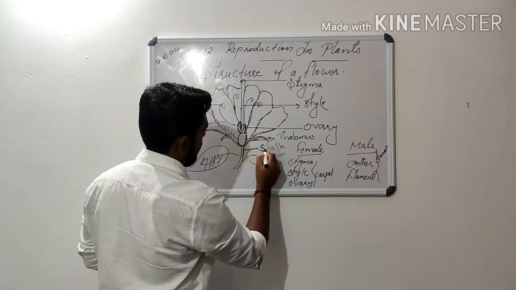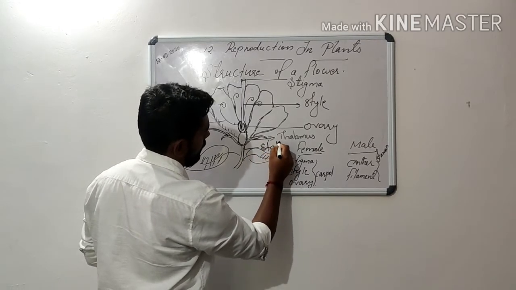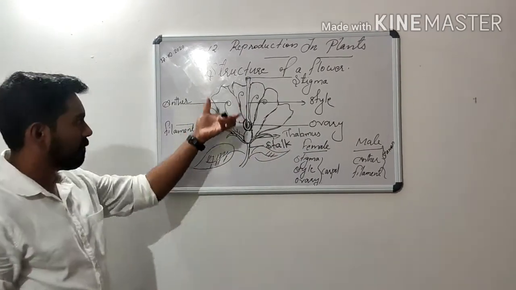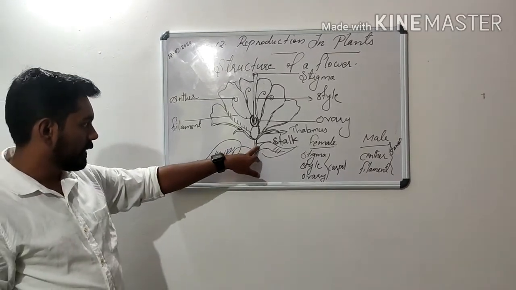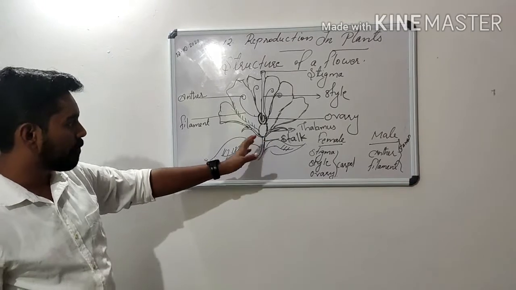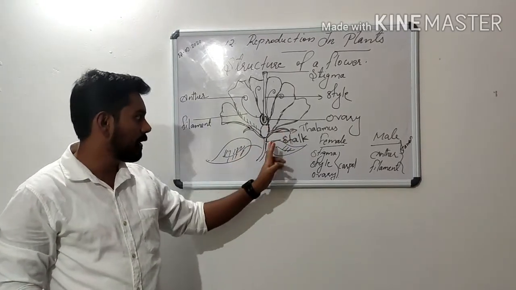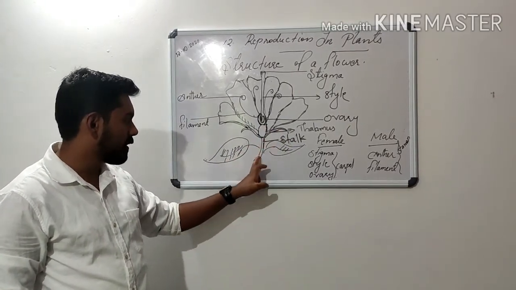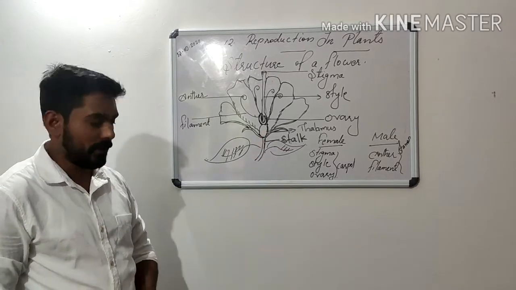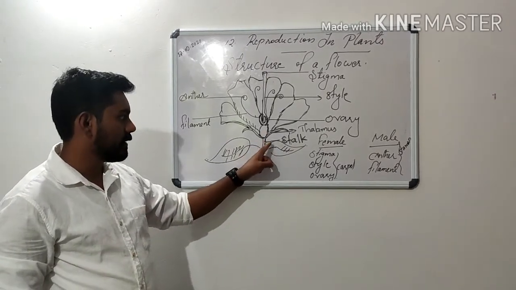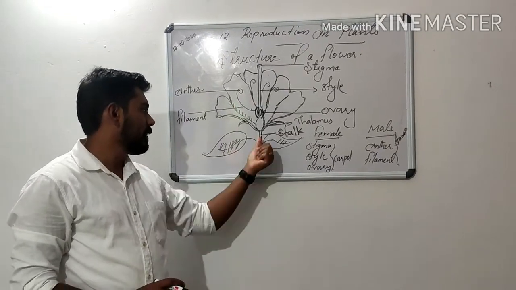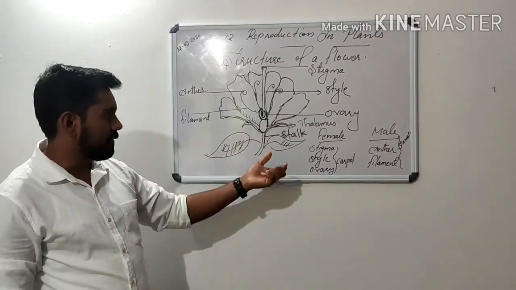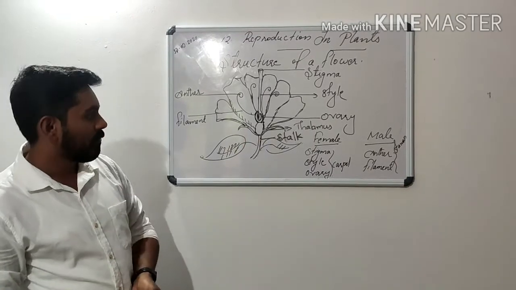This is the stalk, S-T-A-L-K, stalk. These are the main parts of the flower. You can see that this is the down portion of the flower. The stalk is the axil of the flower. It holds the flower in the plant.